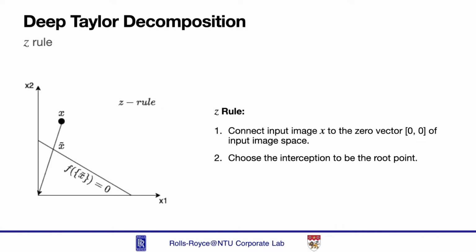Alternatively, here we have the z rule. The z rule connects the input point x to the 0 vector and chooses the intercept to be the root point. By doing this, we can guarantee that we can find a valid root point, although this root point may not be closest to x.